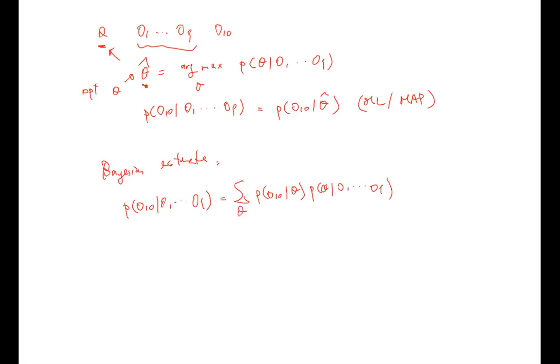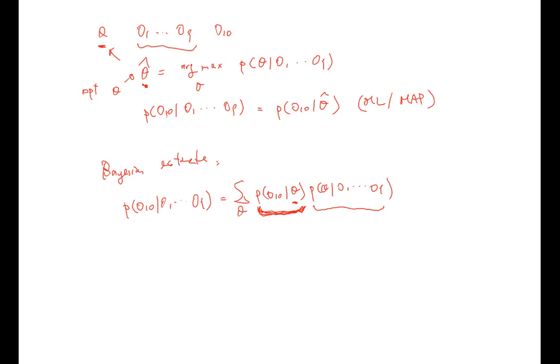So what you see is that I will consider all the possible models here, and compute the estimate of the probability of the next observation given that particular model. But I'm going to weight this estimate by the probability that the model actually occurs given the observations.